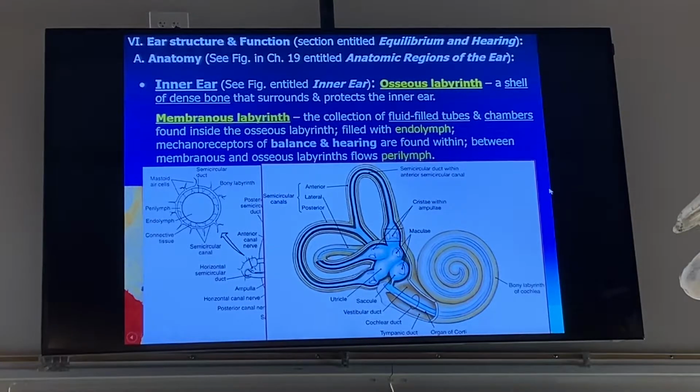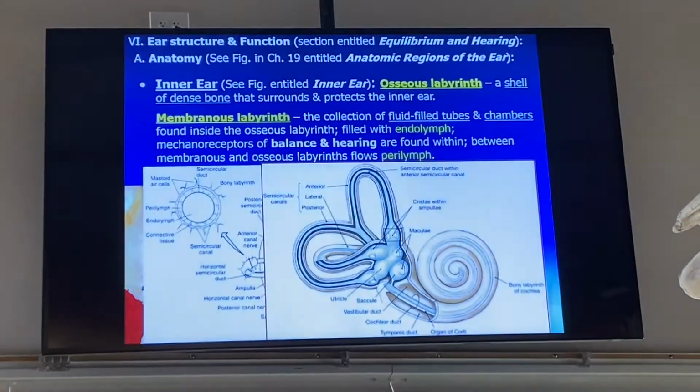Okay, there are 3 regions of the inner ear, and we're going to go over them. There's a lot more to this than what I'm going to cover, but the PowerPoint is telling you what you're responsible for in lecture 2 and 3. Only one of the 3 regions has to do with hearing, but each of the 3 regions has these things called hair cells. They look like little tufts of hair.